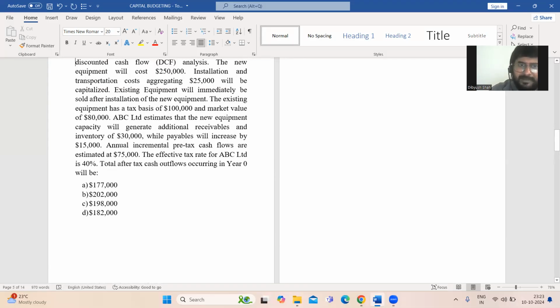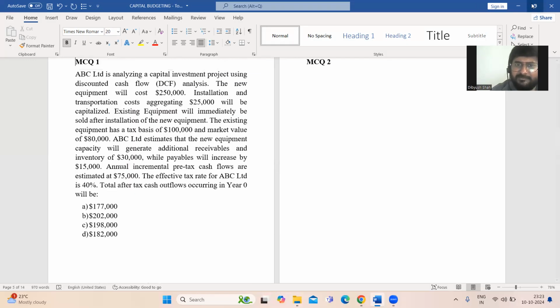So if I see here that ABC Limited is analyzing a capital investment project using DCF analysis, the cost of the new equipment is $250,000. Installation and transportation will cost 25. So let's prepare the table first.